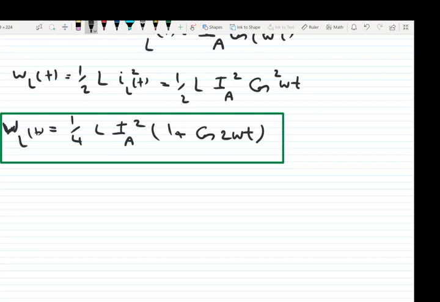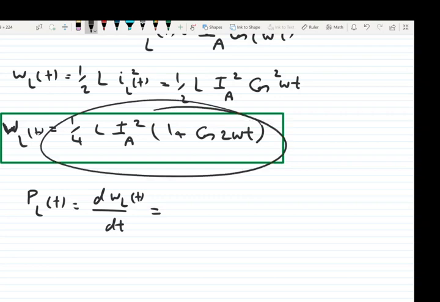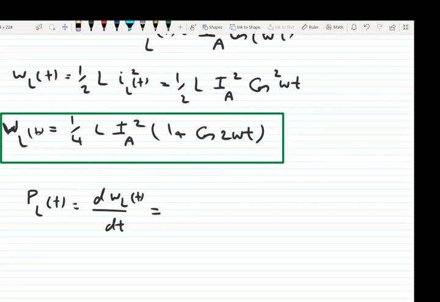Now what about the power? We know that power is the derivative of energy. So pL of t is equal to the derivative of energy over time. We need to calculate the derivative of this term. This term can be expanded into two terms: one which is a constant, and the other which is the product of cosine of 2 omega t and this constant.